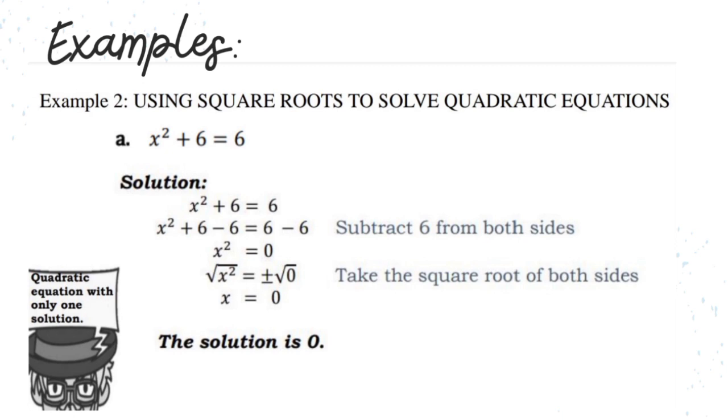As you can see, we didn't show x sub 1 and x sub 2 here, since the equation is equal to 0 already, and it is called a quadratic equation with only one solution, because for both x sub 1 and x sub 2 there is only one answer, which is 0.